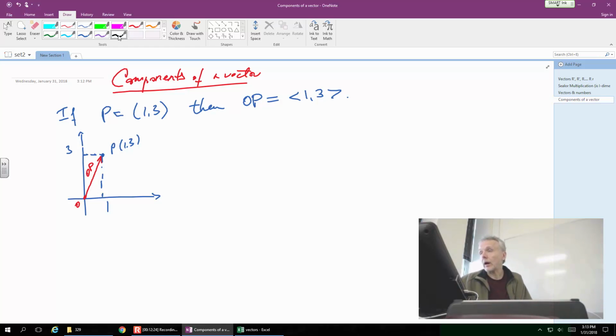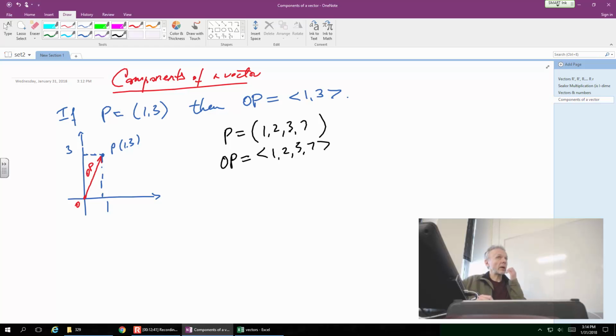Certainly, you can think of high dimensions. So you can have (1, 2, 3, 7) in four dimensions, right? Then OP is, once again, I'm using different notation just to keep things apart, but these numbers are the same. We call these coordinates, which is natural. It's like talking about maps.